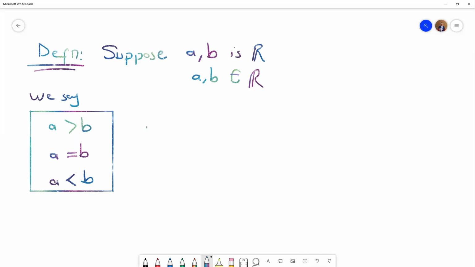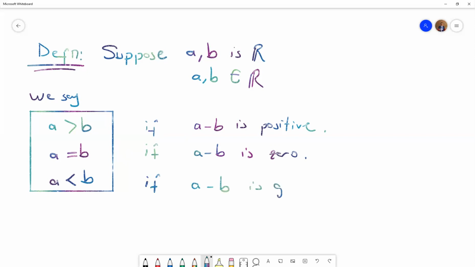So if A minus B is positive, and if A minus B is 0, and if A minus B is negative.